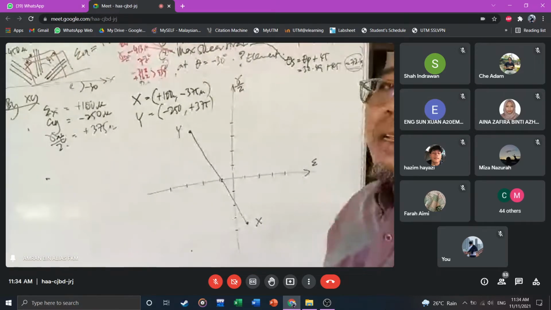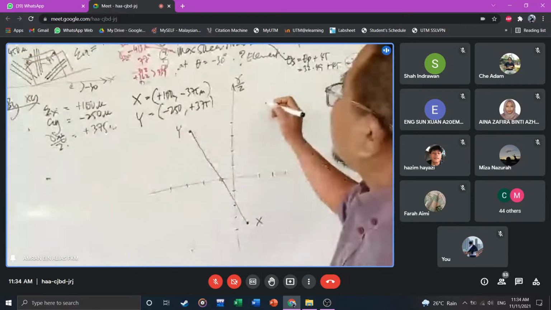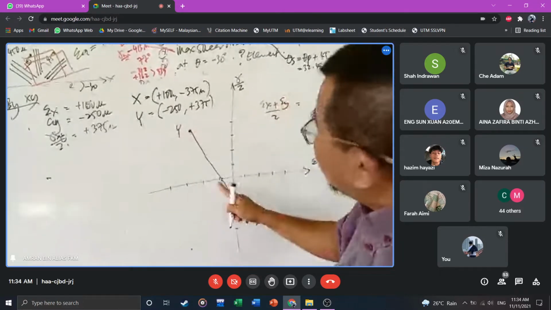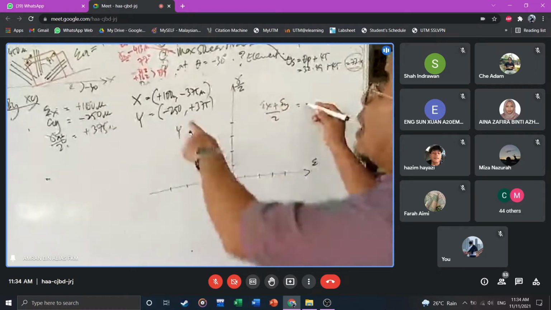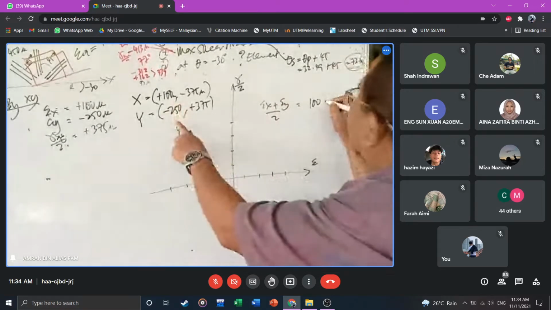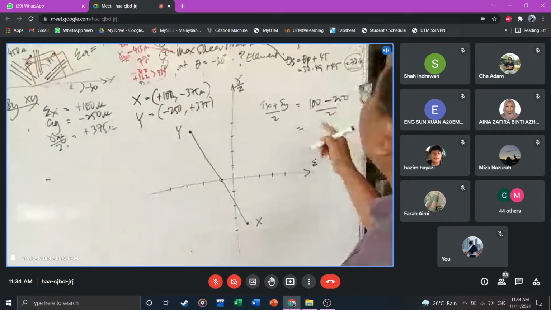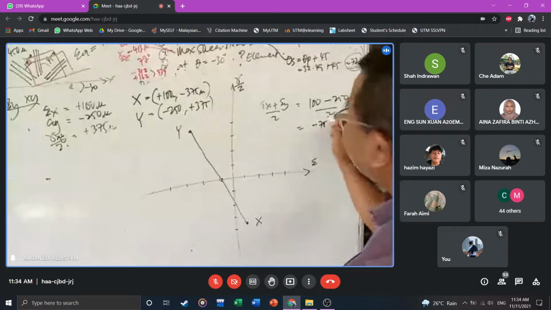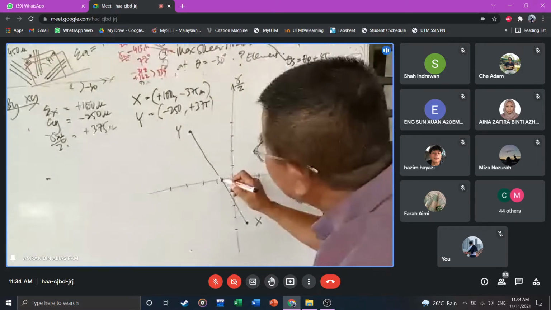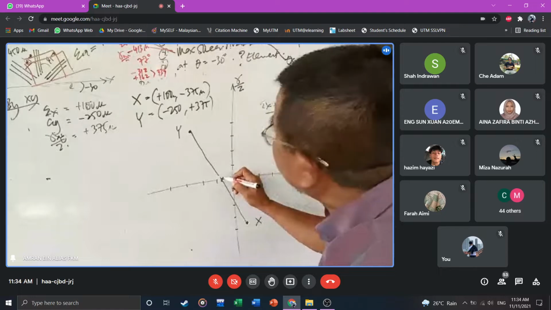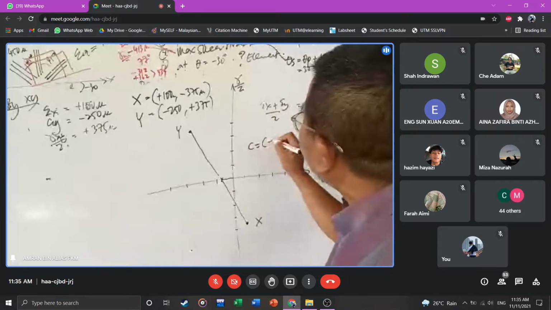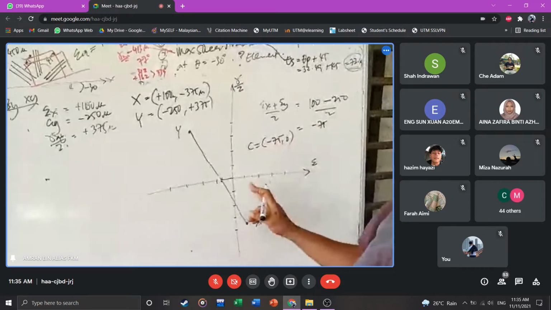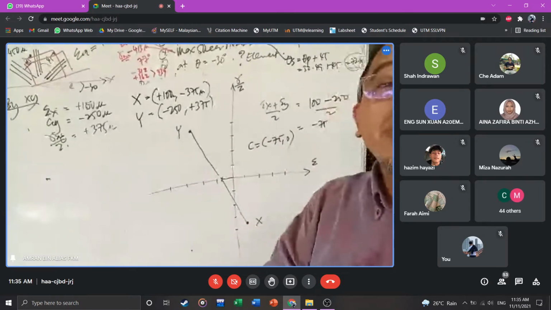Yes. So EX plus EY divided by 2. What is that? The average value. So what do we have there? 100 plus minus 250 divided by 2. Negative 75. So here is negative 75. The distance from here to here is negative 75. The center value is negative 75 and 0. Are you with me? Yes.